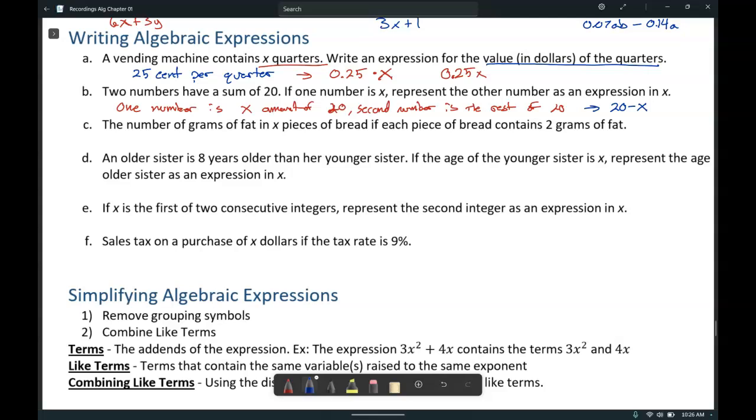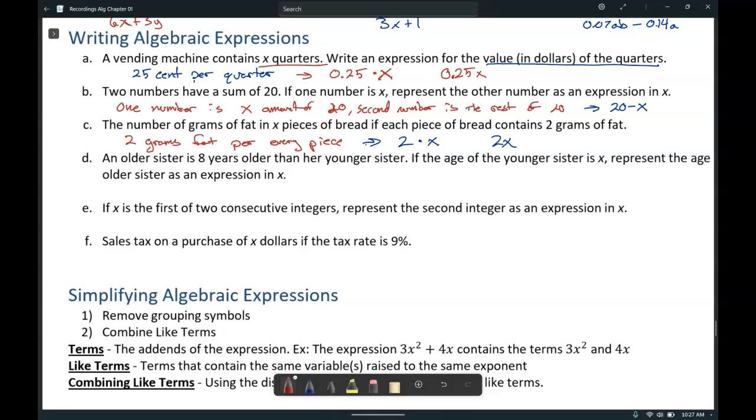Next, we have the number of grams of fat in x pieces of bread if each piece of bread contains 2 grams of fat. So we could think of this as 2 grams of fat per every piece, which we can translate as 2 times x pieces of bread, 2x.